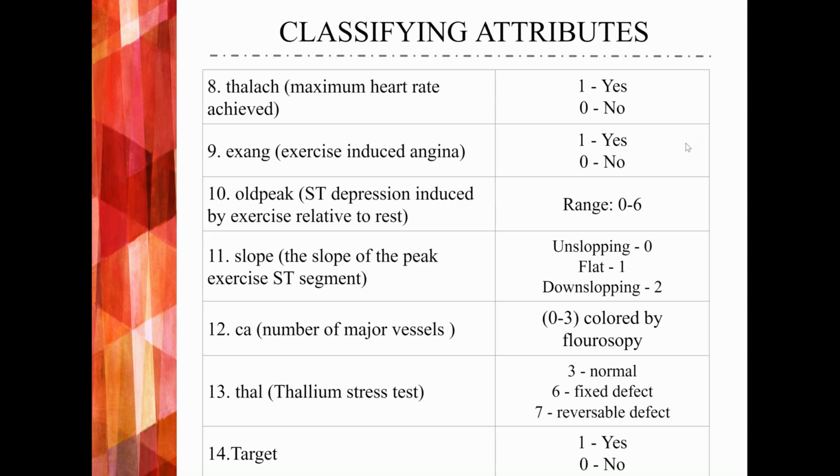A thallium stress test is a nuclear imaging test that shows how well blood flows into your heart while you're exercising or when you're at rest. This test is also known as cardiac or nuclear stress test. Then comes the target, which is basically to detect whether the heart disease is present or not, that is 0 or 1.